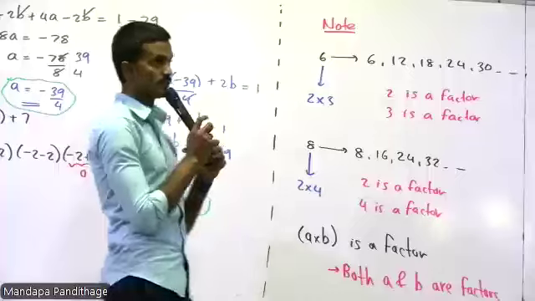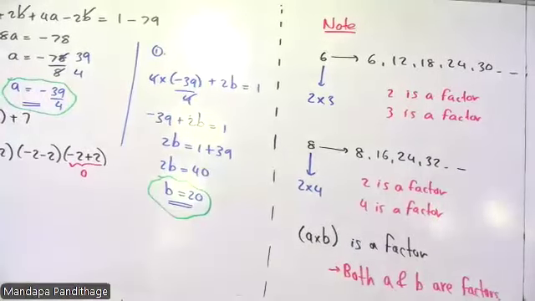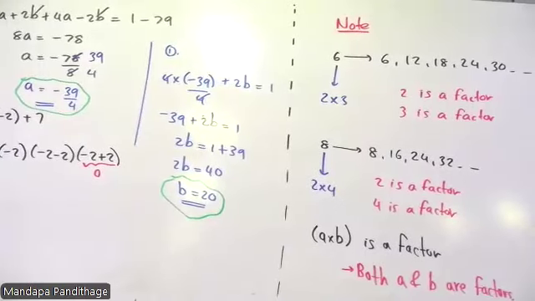Let's consider the multiples of 6. And then write those: 6, 12, 18, 24, and 30.